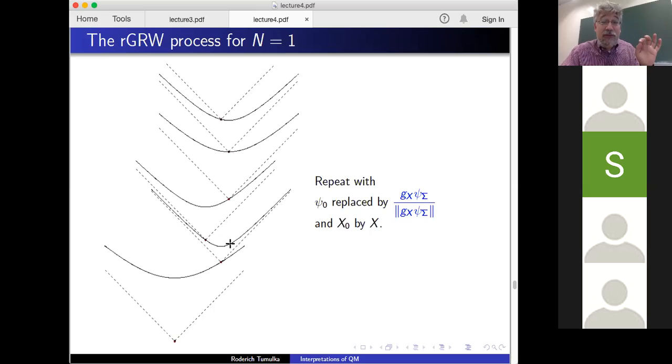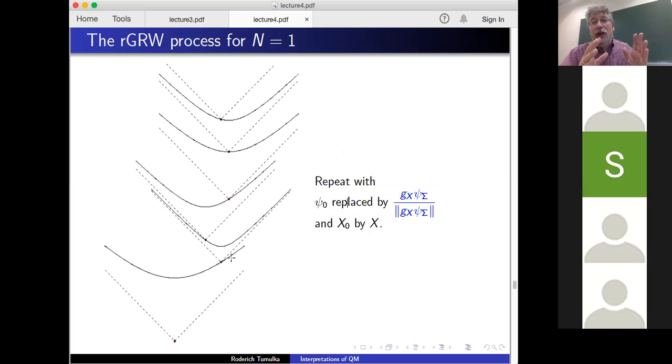Okay, so I get a sequence of flashes, and I always collapse my wave function. You see, on this surface, I take my pre-collapse wave function psi sigma, I multiply it by the Gaussian centered at the point x. So here's my point x. So think of a Gaussian around this point.